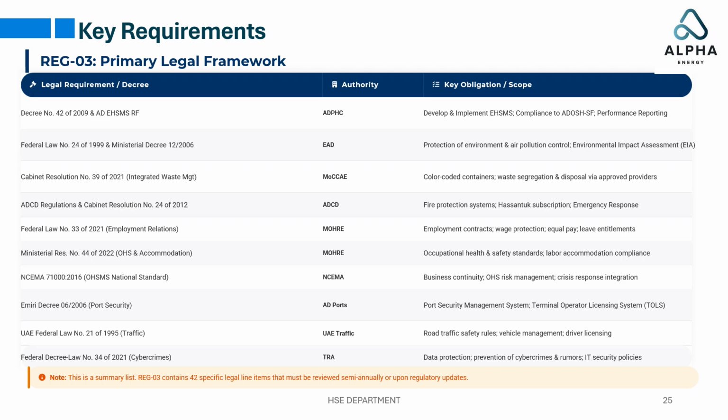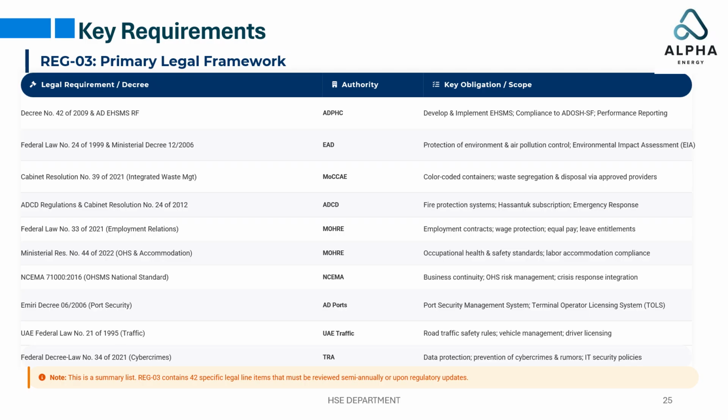SEMA 71,000-2016, the National OHS and Crisis Management Standard, addresses business continuity, risk management, and emergency response integration. Amiri Decree June 2006 on port security, regulated by Abu Dhabi Ports, requires port security management systems in compliance with the Terminal Operator Licensing System, TOLIS.